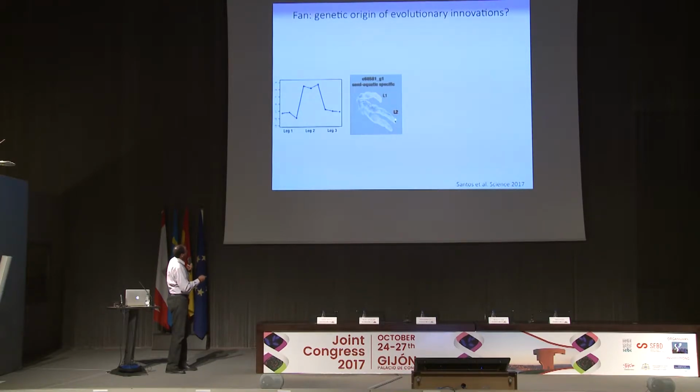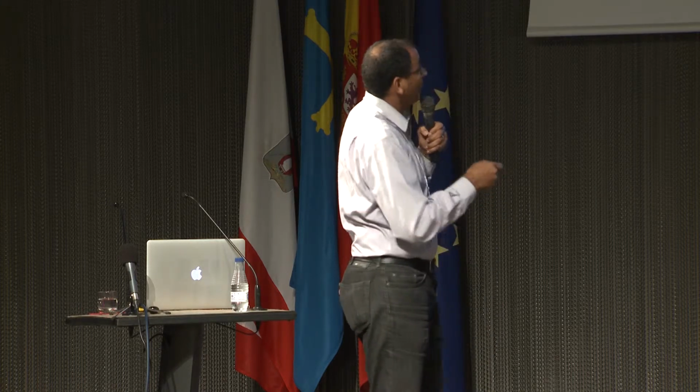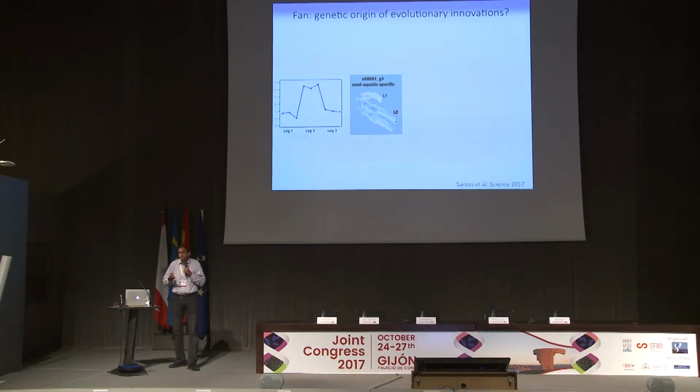This is the pattern we were looking for: no expression in the first leg and the third leg, and a very localized expression at the tip of the second leg. That is very striking because it is directly associated with the part of the leg where the fan will appear. Such genes, we found 5 of them.